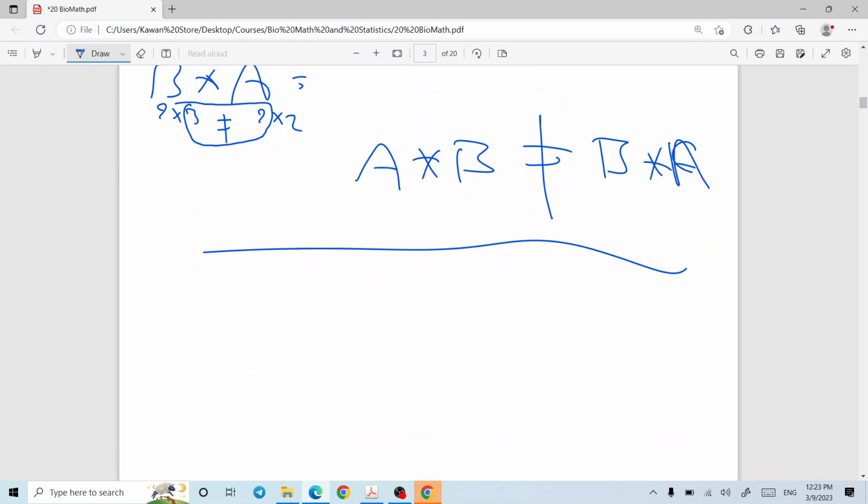Clear everything? Good. So now we know whether we can multiply or not. Now, how do we do it? That's the question. How we do it is like this. Look at your lecture note.